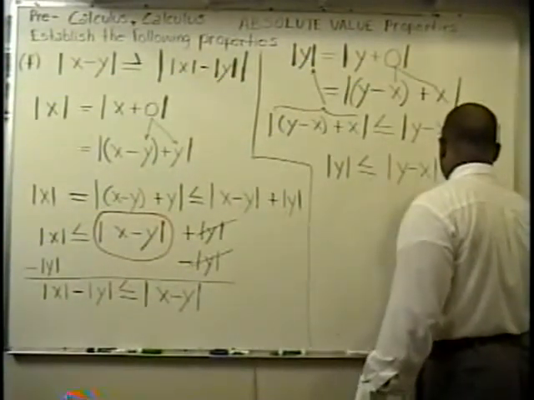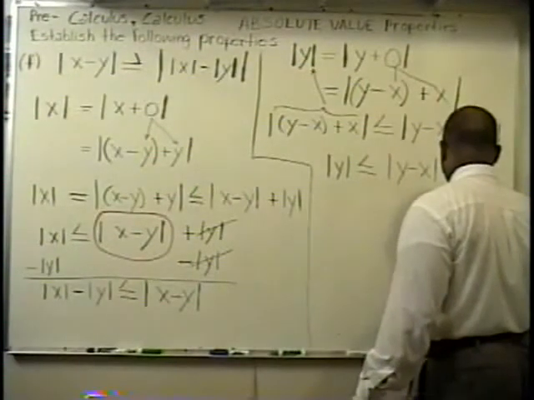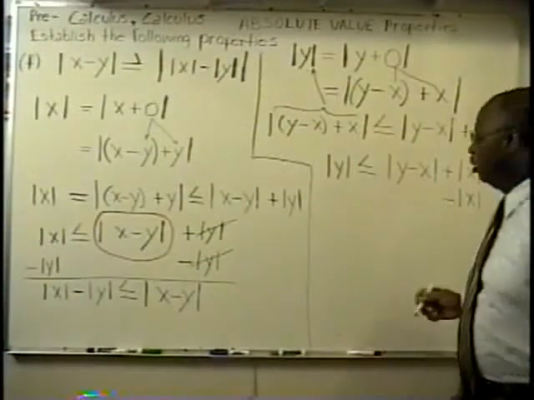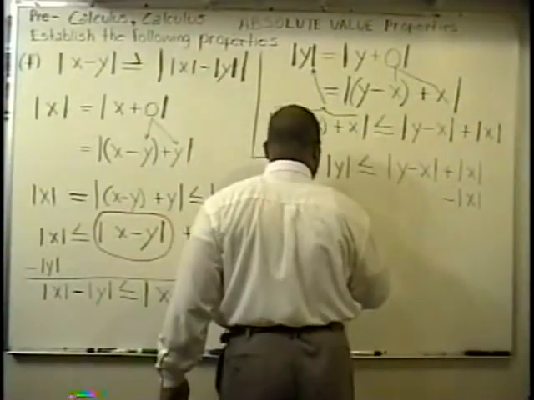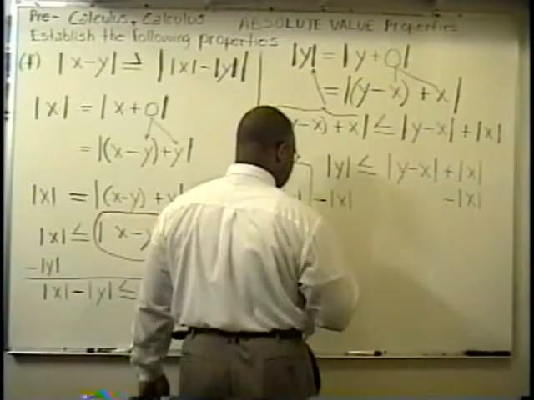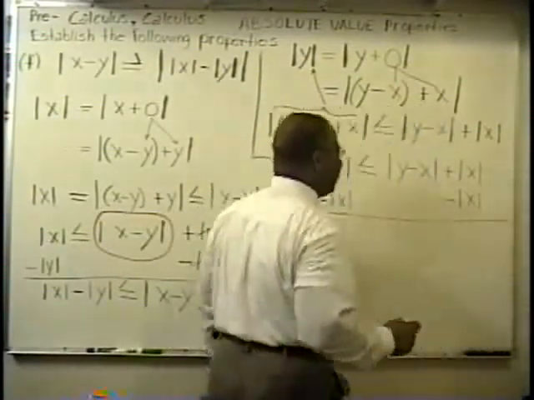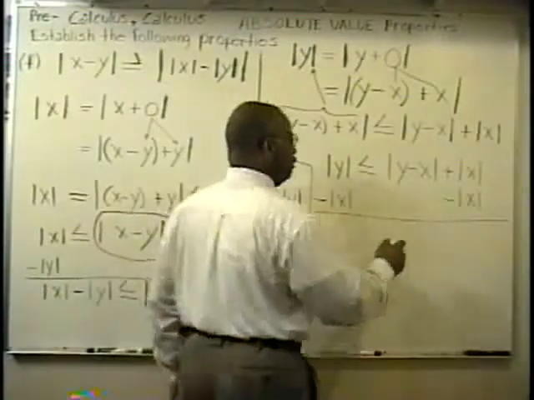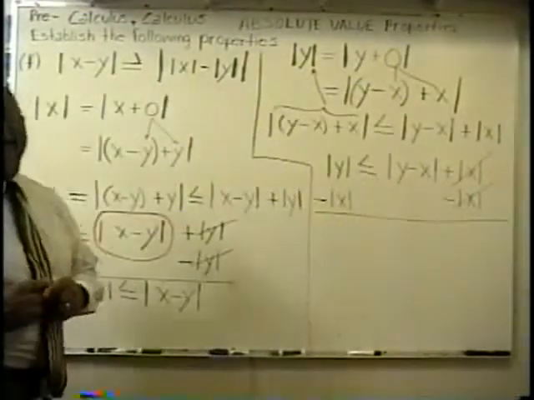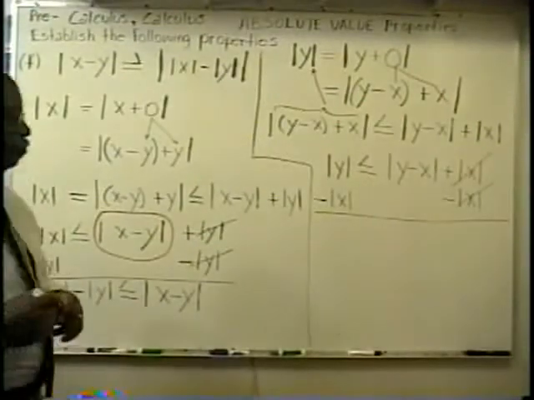Additive inverse. Minus the absolute value of x. Whatever I add to one side, I must add the same thing to the other. Additive property of inequality. Now, upon combining these, additive inverses, zero, gone, not here.